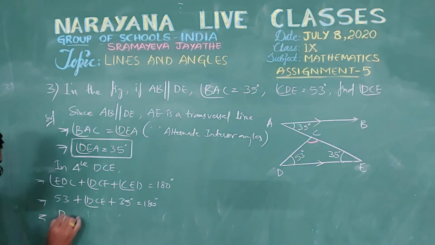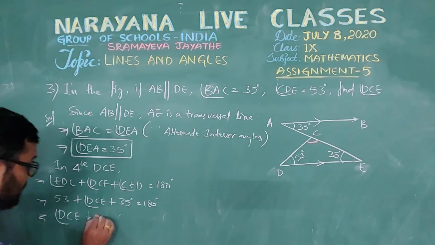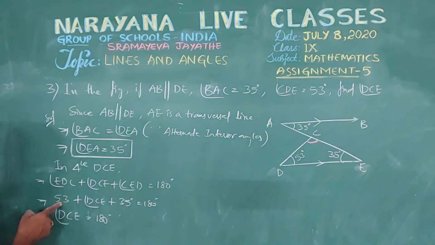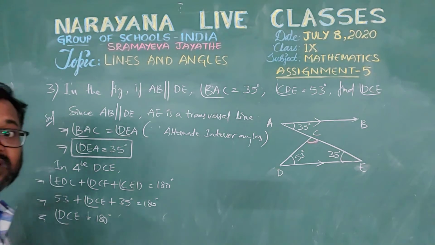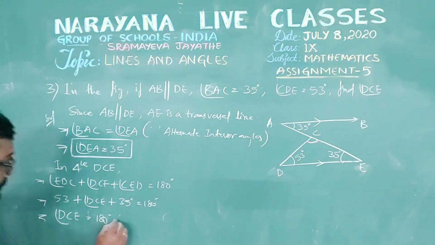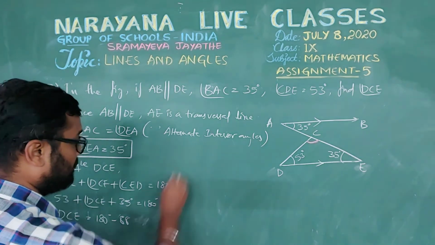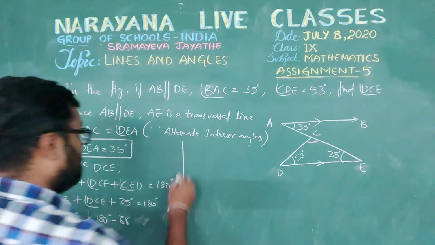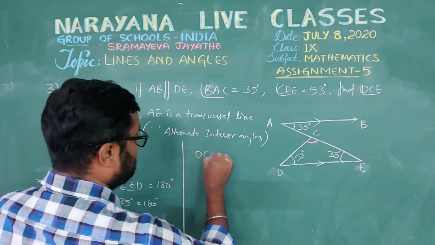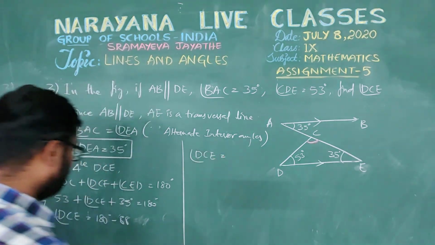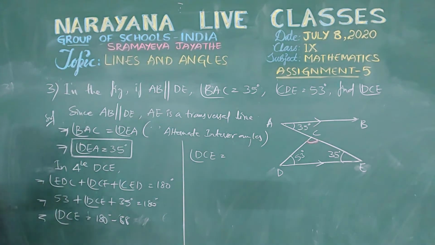Now, keeping angle DCE on one side, this sum of 35 plus 53 is 88, isn't it? So this plus 88 is transposed to the right-hand side and becomes minus 88. Now angle DCE is equal to 180 minus 88.